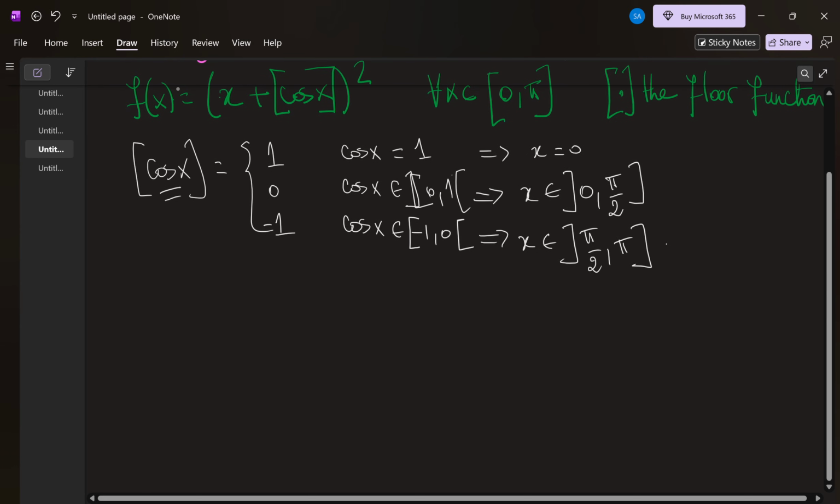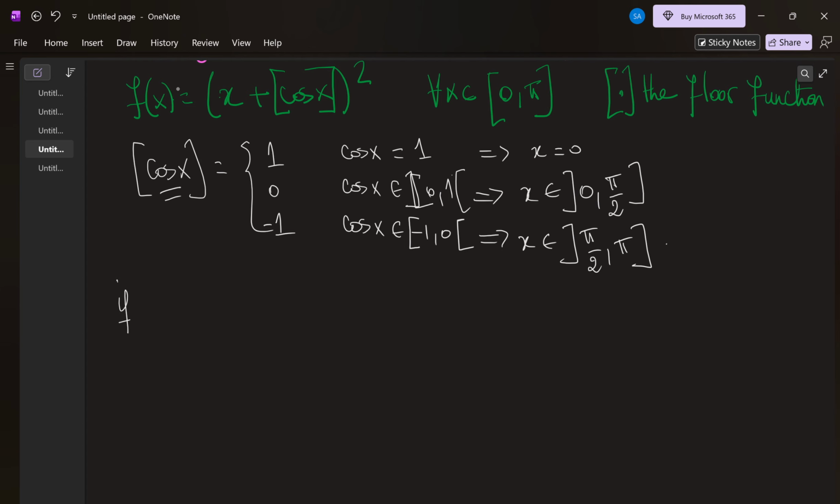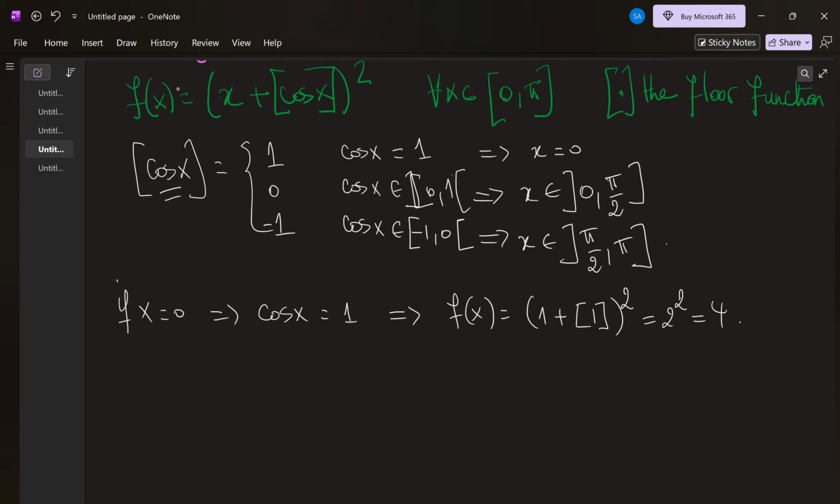So here, if x is equal to 0, then cosine x is equal to 1, and in this case f of x will be equal to 1 plus the floor function of 1, squared, which is 2 to the power of 2, which is equal to 4.